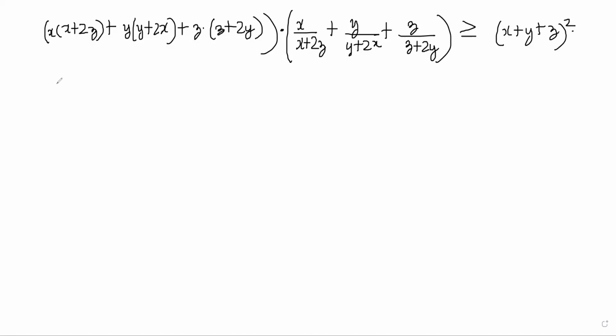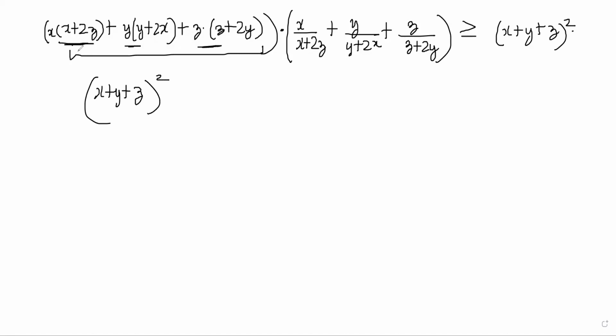Now, if you think about it, this term here is actually (x + y + z)² itself. If you expand this, it is x² + y² + z² + 2xz + 2xy + 2yz, right? So this term is coming like this.